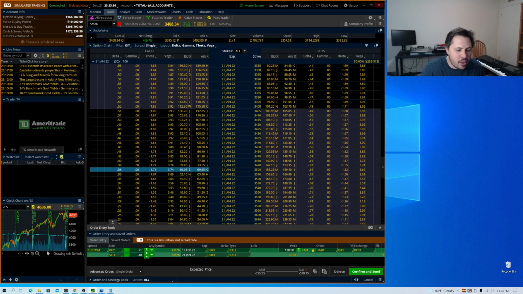And the idea here is, as Amazon moves towards our strike, that back option is getting juiced up with value, and the front option is also getting juiced up with value, but the front option is going to lose theta, right? The premium is going to decay on that front option faster than our back option, which is where we're spreading that time.